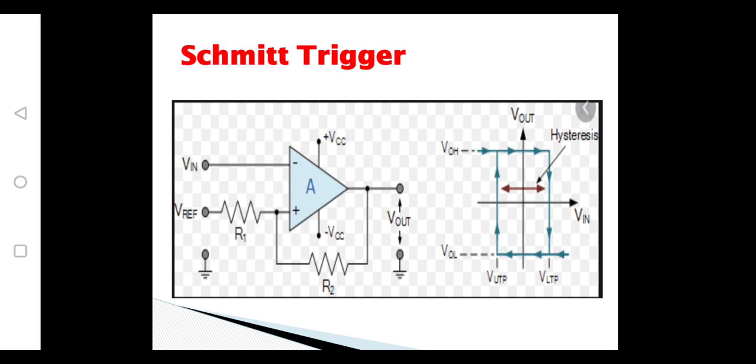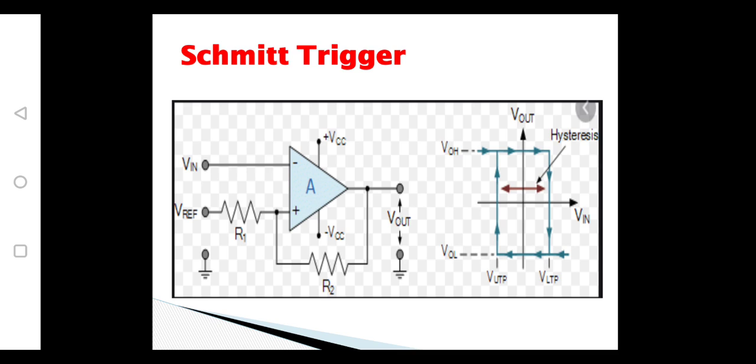So when output is equal to plus V saturation, such a voltage is called the upper threshold voltage. When output is equal to minus V sat, it is called the lower threshold. The difference between upper threshold and lower threshold gives the hysteresis. So the hysteresis should be as minimum as possible.